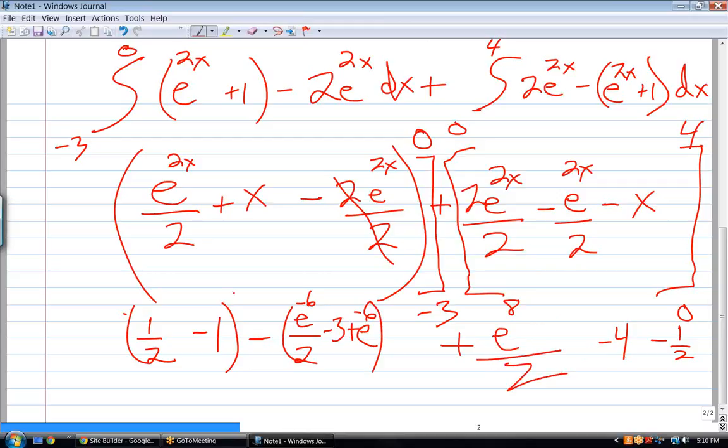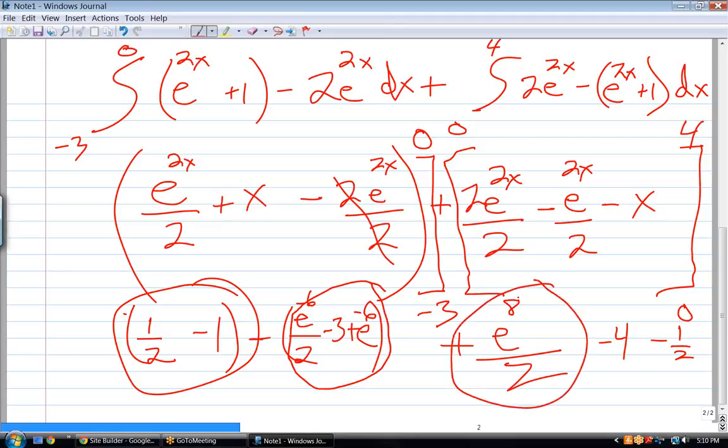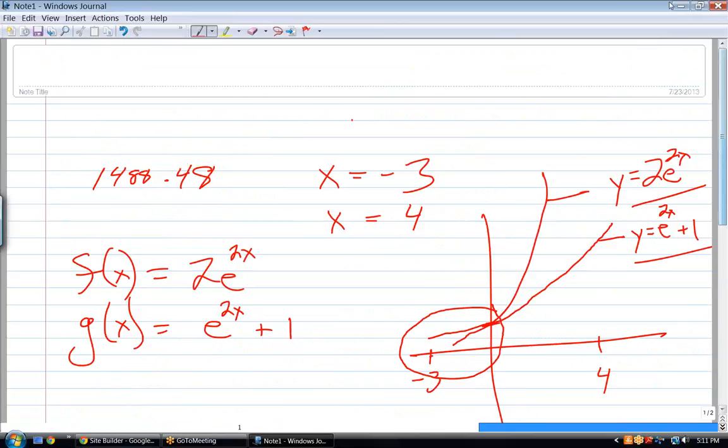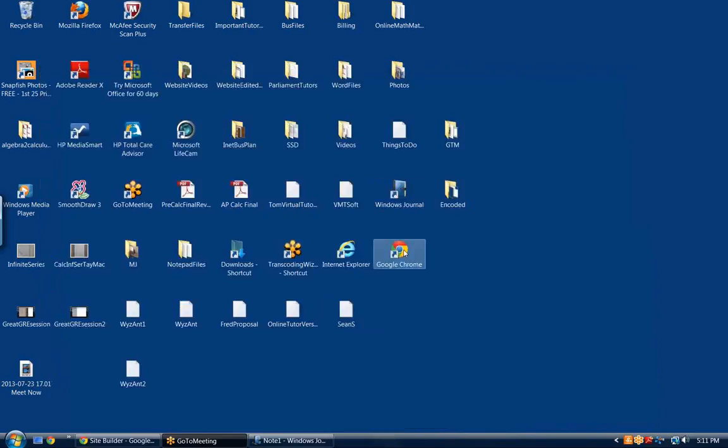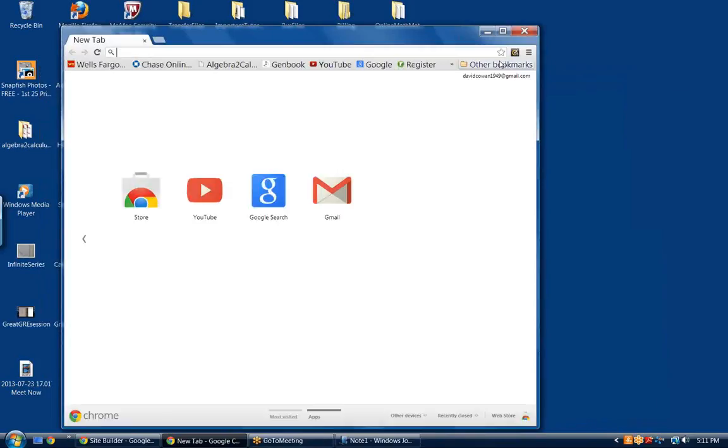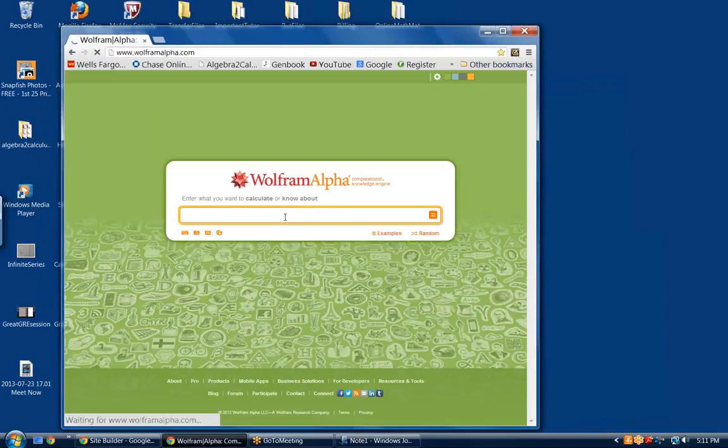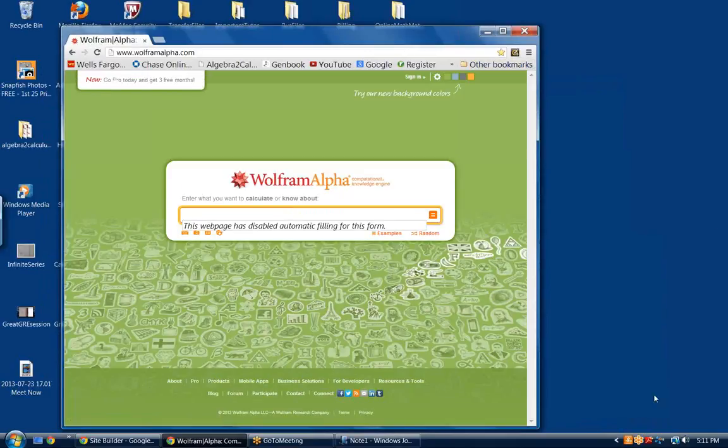Notice that that's a small negative number. These are going to be small numbers because e to the minus 6th is going to be a very small number. Everything's a small number here except this right there. So what is e to the 8th over 2? Let me bring up Wolfram. $1490.478.